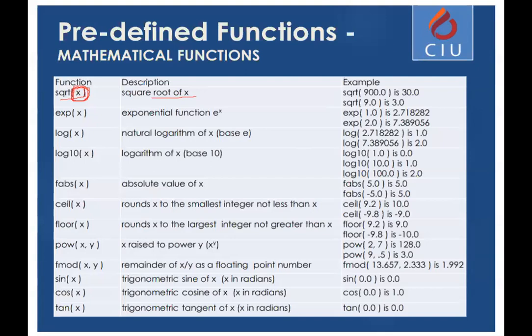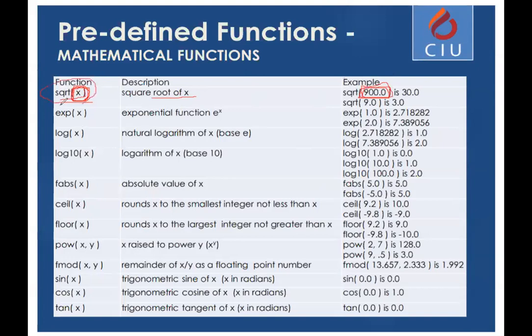For example, I will not ask you what is the square root of 900, but what I'm going to ask you is that in order to find the square root of 900, which of the functions should I use? A, exponential, B, logarithm, C, floor, D, square root.